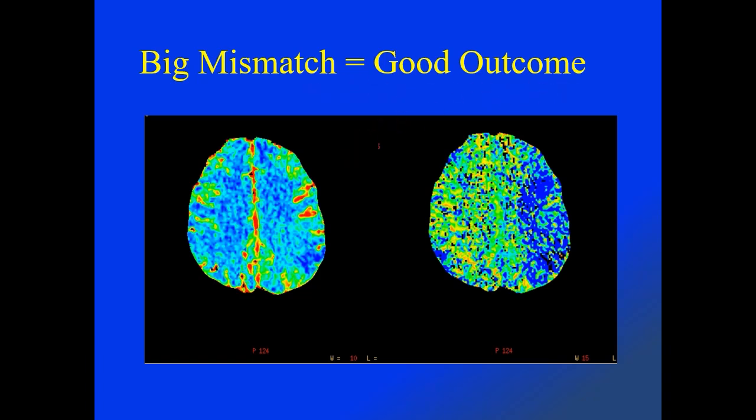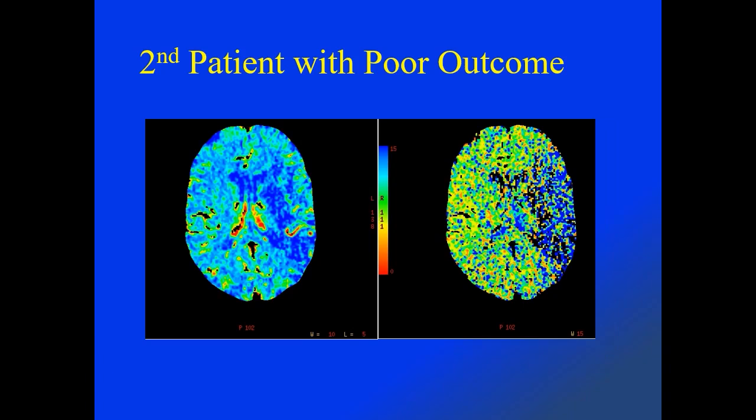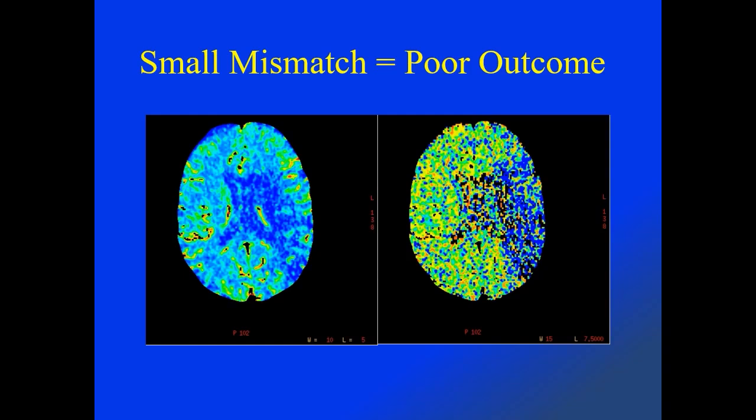However, in the second patient, at the time of presentation, the cerebral blood flow map images already demonstrated significant areas of core infarction involving the basal ganglia, the deep white matter, as well as posterior frontal and anterior parietal lobe cortex, which meant there was a smaller area of mismatch and smaller area of ischemic penumbra, which resulted in poor clinical outcome.